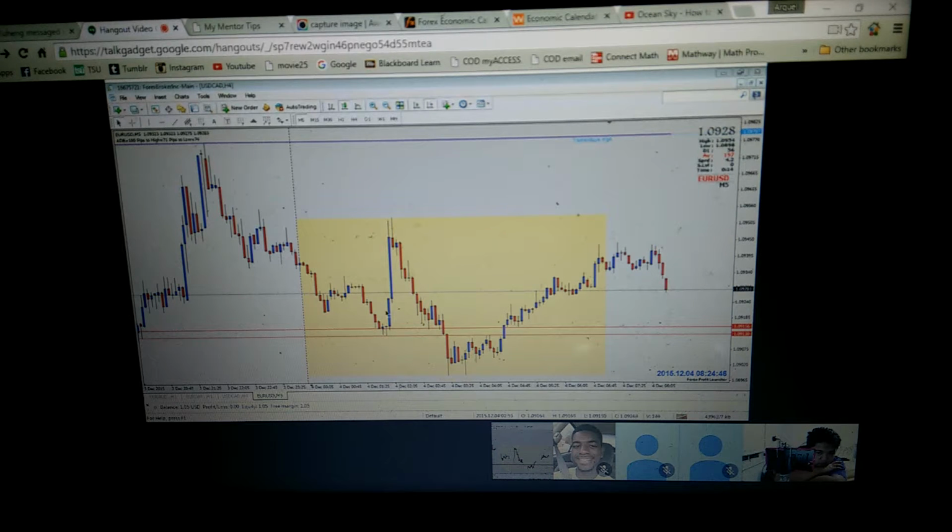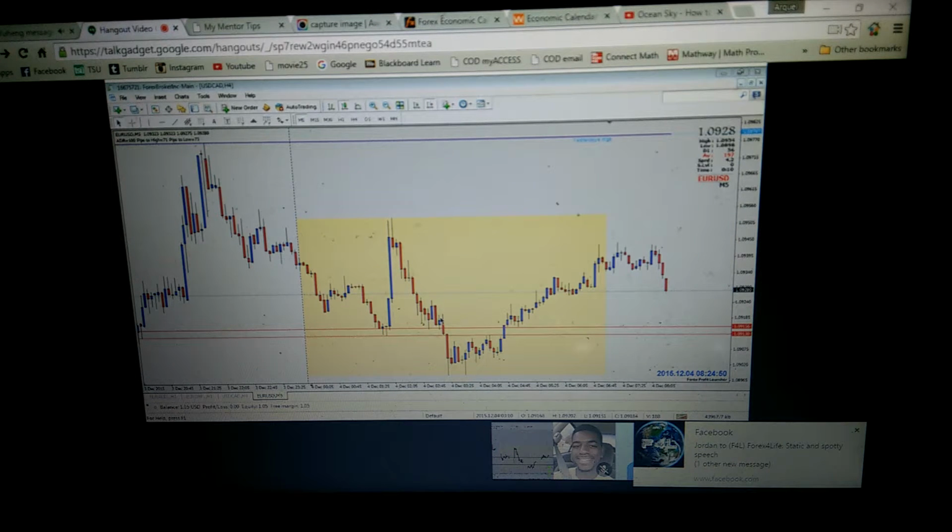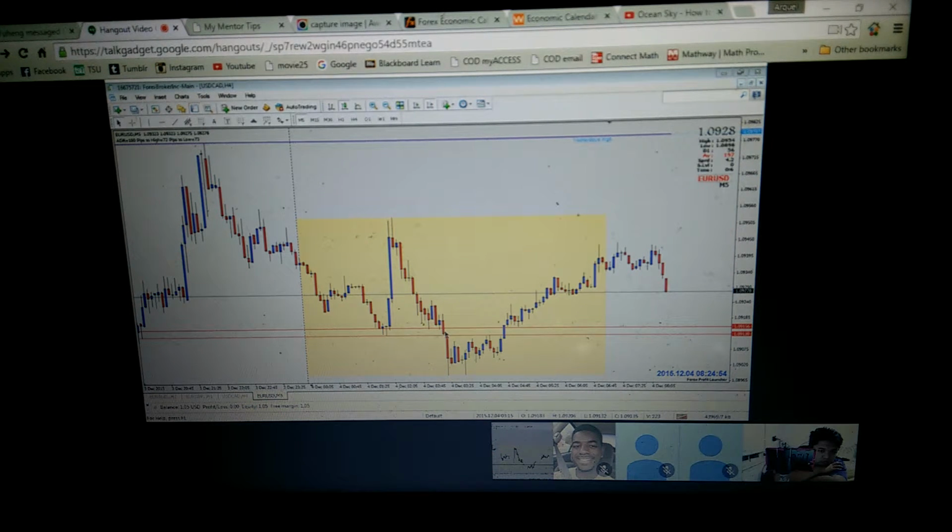In this support, my bad, that's support right here. But it hit support, rose, hit resistance right here, dropped, and then took a big candle to break that support right here. It goes down, big candle, rises up, and as of right now, as you can see, it has not broken this structure right here.